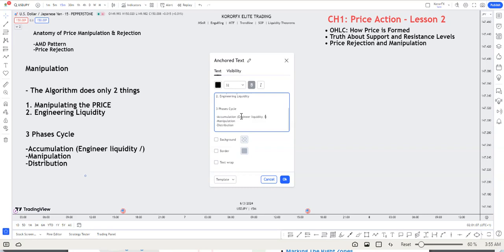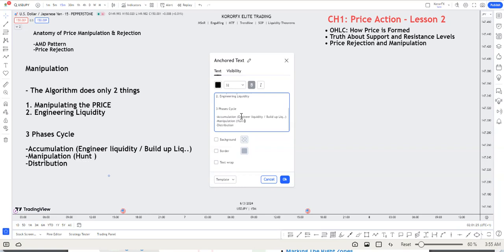This means they build up liquidity. When they build the liquidity, then they manipulate, they hunt the liquidity.